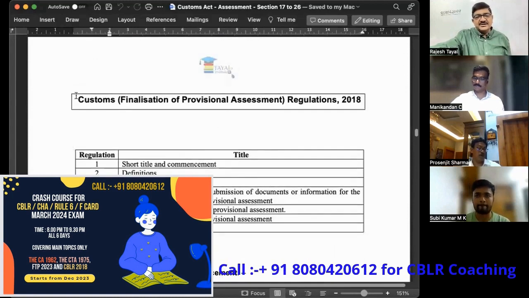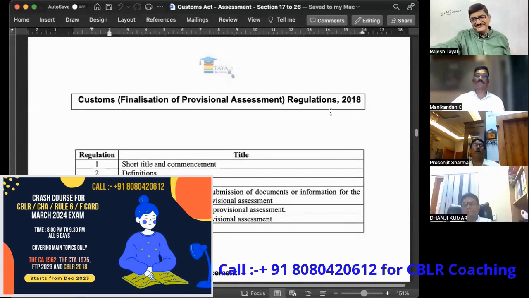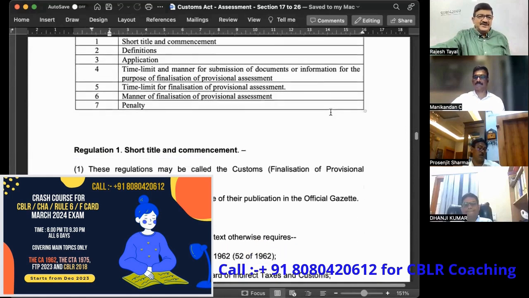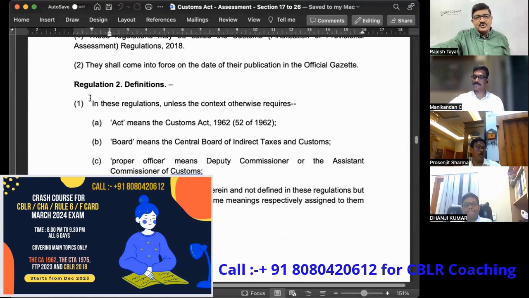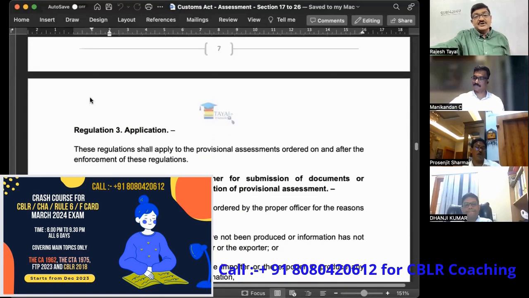Now, check the title: Customs (Finalization of Provisional Assessment) Regulations, 2018. Sub-regulation 1, no need to read. Sub-regulation 2, not required. Directly coming to regulation 3, where these are applicable: they shall apply to provisional assessment ordered on or after the enforcement of these regulations.